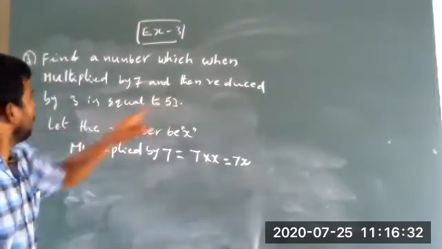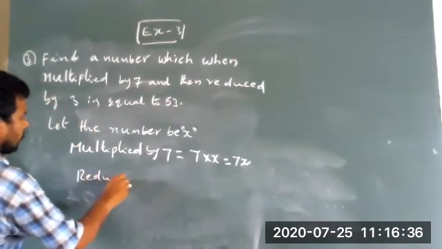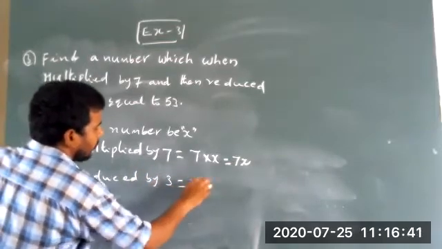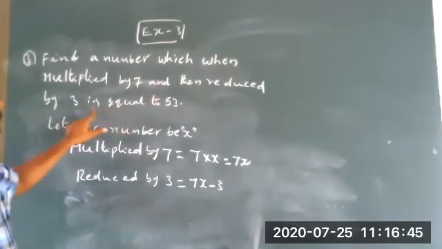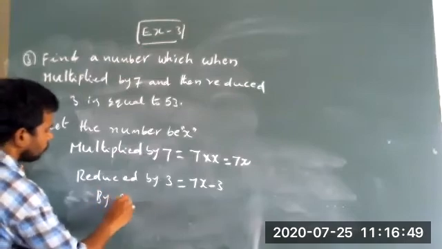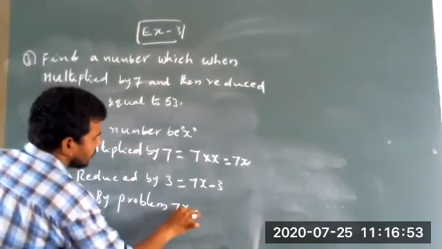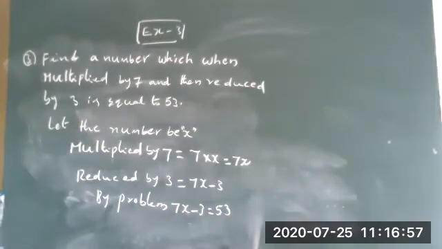And then reduced by 3. That means take 7x minus 3. 7x minus 3 is equal to 53. By the problem, 7x minus 3 equal to 53.